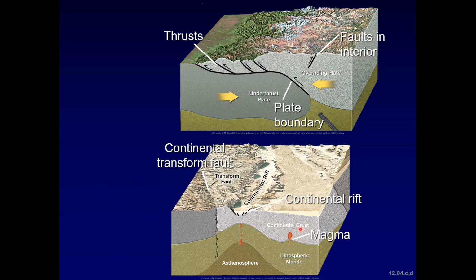Rising magma can also play a part in that. Think of the Yellowstone hotspot. And then, of course, reactivation of old faults. Movement on those faults can result in earthquakes.